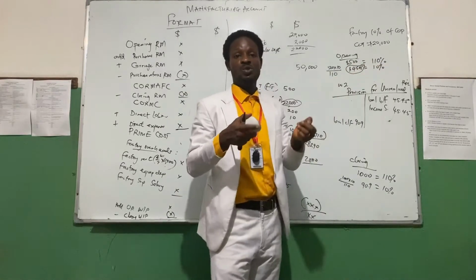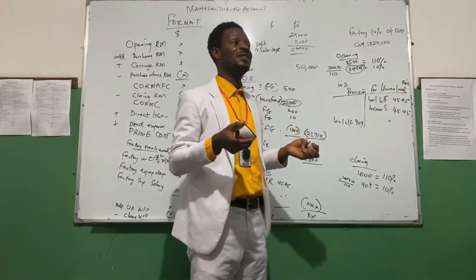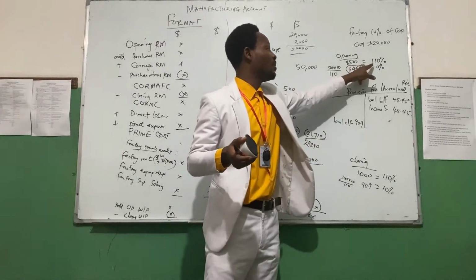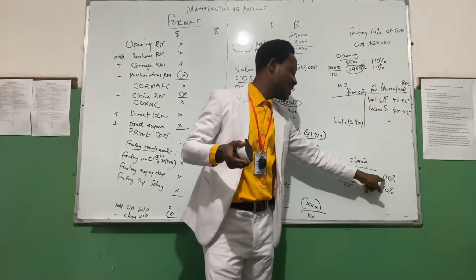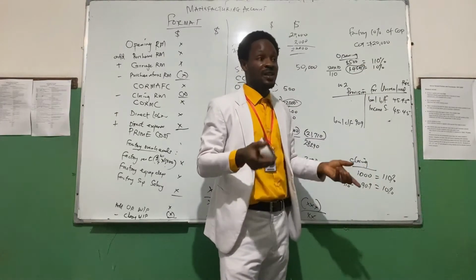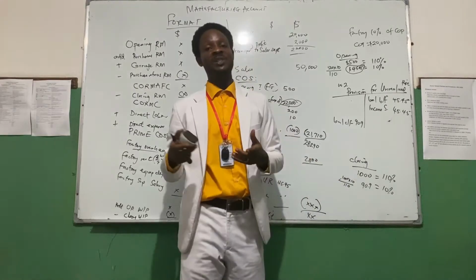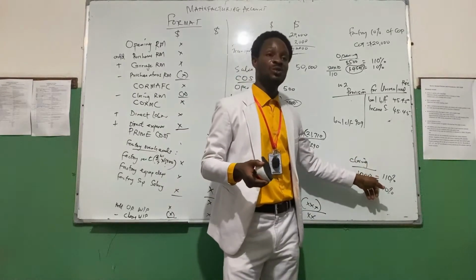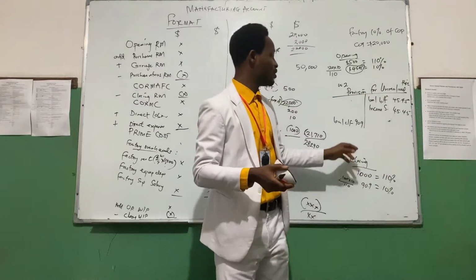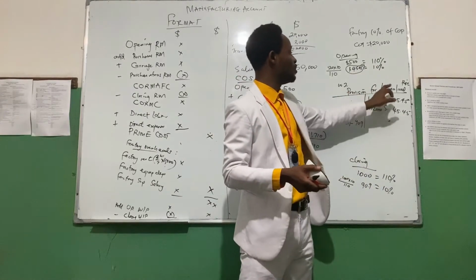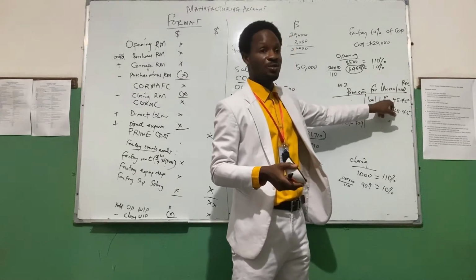The examiner may tweak the information so that last year it was charged at 15%. That means you are going to use 115. But this year is 10%. Whatever the percentage given to you, that's what is going to guide how you calculate your unrealized profit.